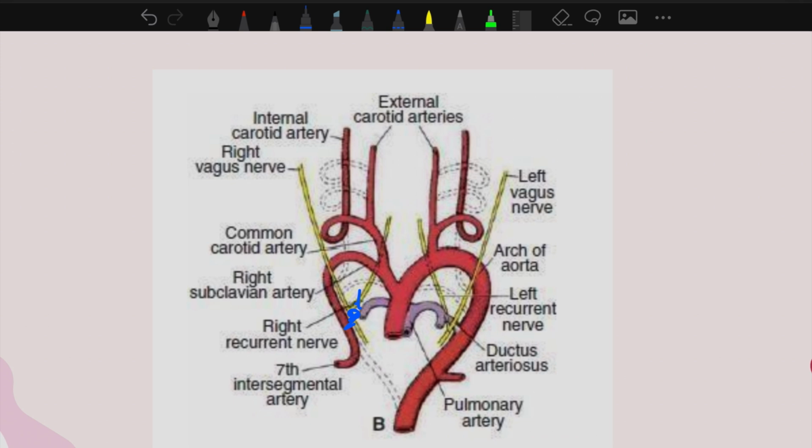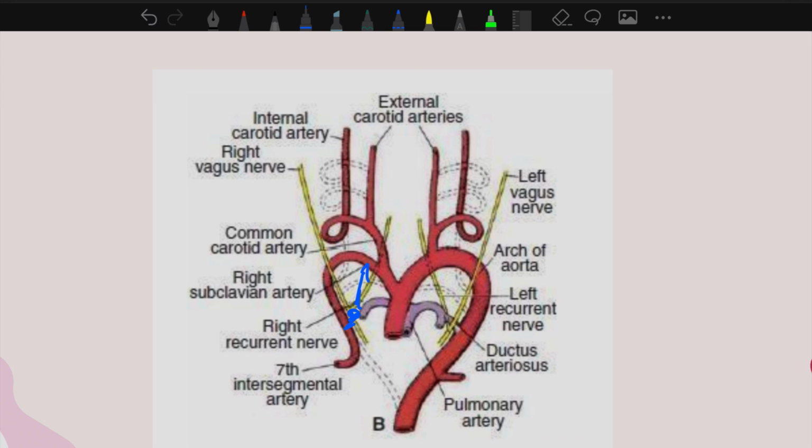And then finally it will go to the fourth one. And we said the right fourth aortic arch will give the subclavian artery. So that's why the right recurrent laryngeal nerve will be behind the subclavian artery.